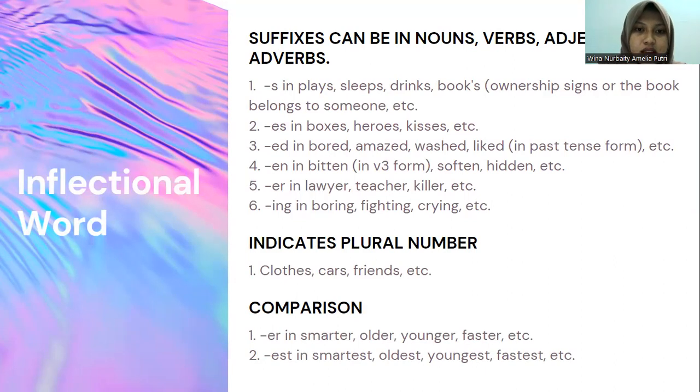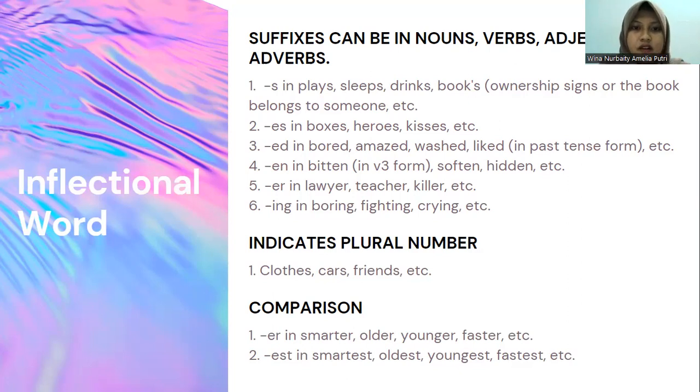Suffix es in boxes, heroes, kisses, and many others. Suffix ed in past tense forms like worked, washed, liked. Suffix en in beaten, or in verb 3 form, soften, hidden, and others.